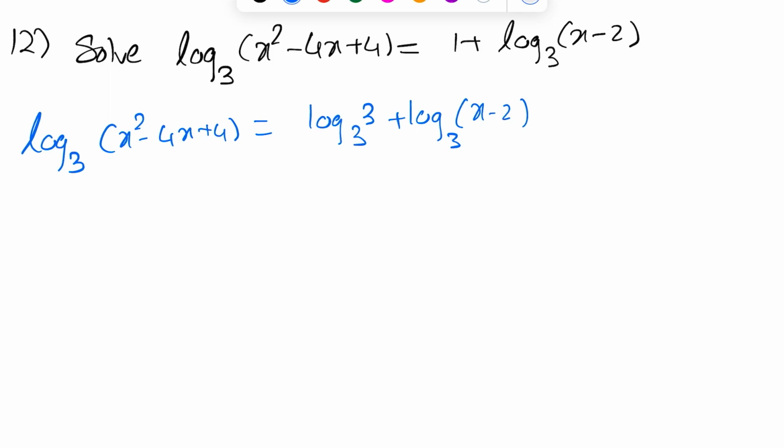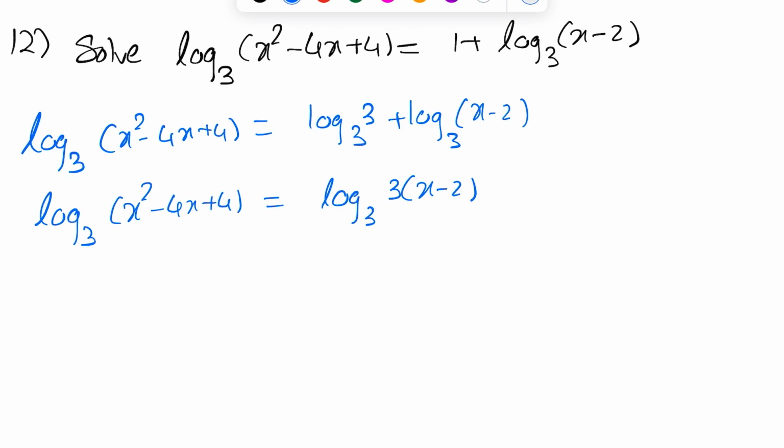Now addition becomes multiplication. So log base 3 of x squared minus 4x plus 4 equals log base 3 of 3 times x minus 2. Log base 3 gets cancelled.